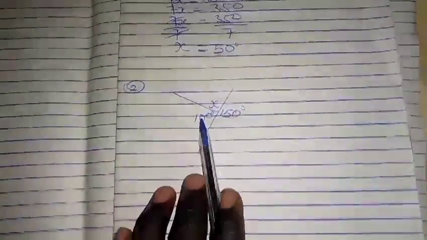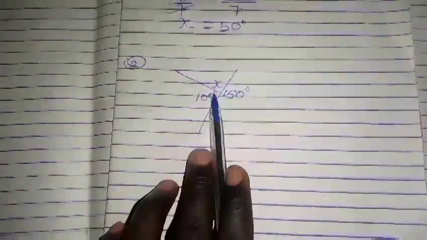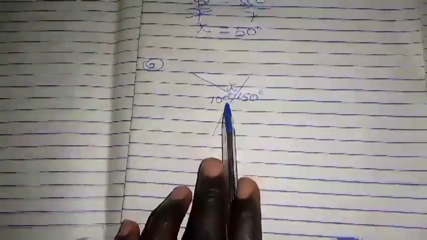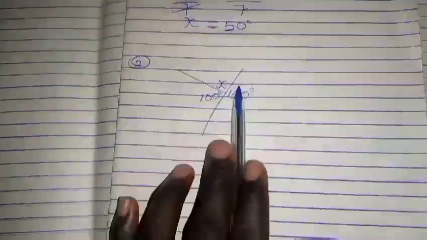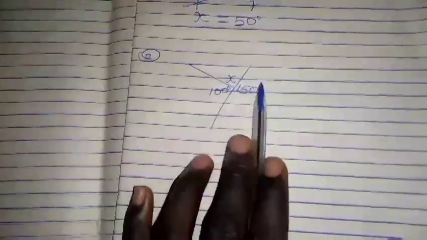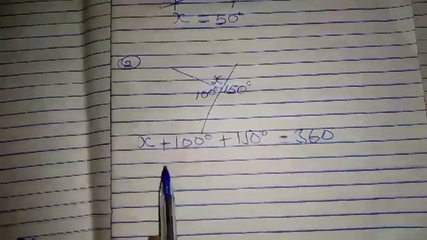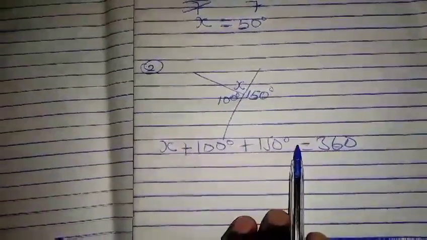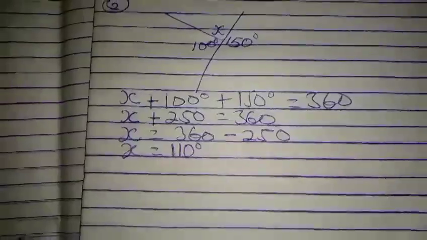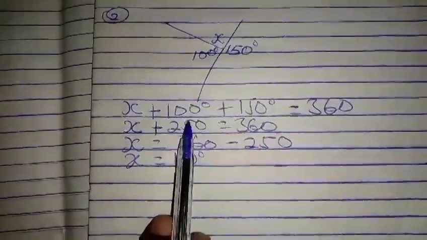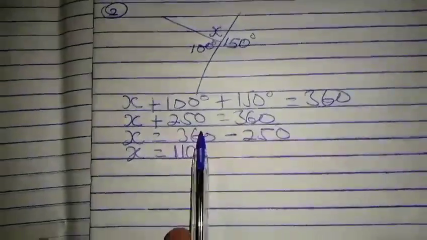In this one, we are asked to find the value of x. You are finding this x, and we know that this is angle at a point. So you put all this together, it should be equal to 360 degrees. So x plus 100 plus 150 equal to 360. We know that putting 100 and 150 together gives 250.